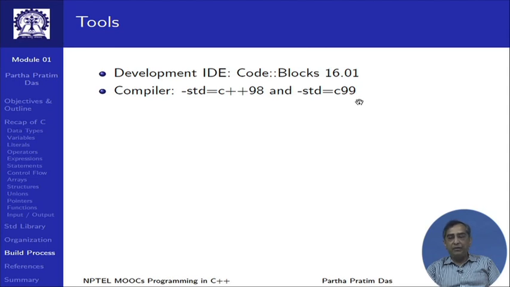Otherwise, the behavior of the programs as we show them, and the behavior of the programs as you will experience in the IDE will be different. So, always use C99 for C, and for C++ we will use C++98, or in some contexts C++03, we will come to that.